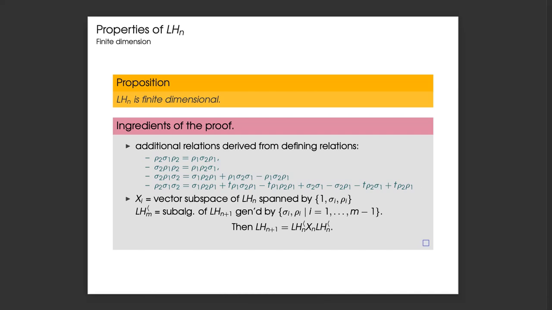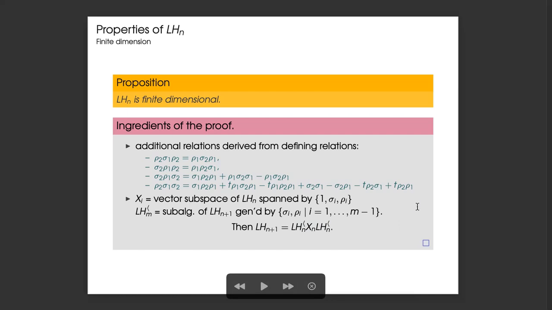And then once we had this, we could prove with an induction that the vector subspace of LH_{n+1} spanned by 1 and the sigma_i or rho_i generators can be written by words in the lower level, on one side and on the other, and in the middle you will always have only one generator in the higher level.